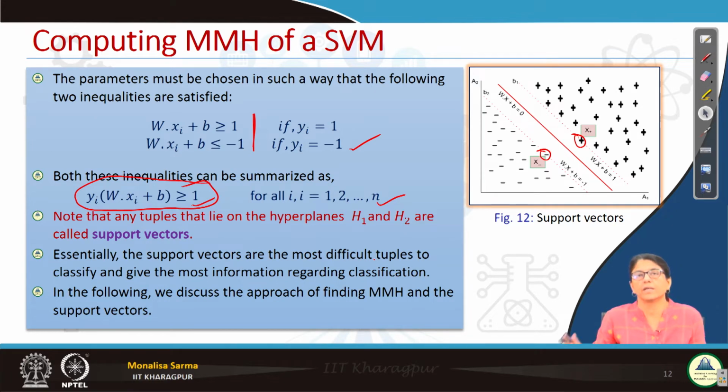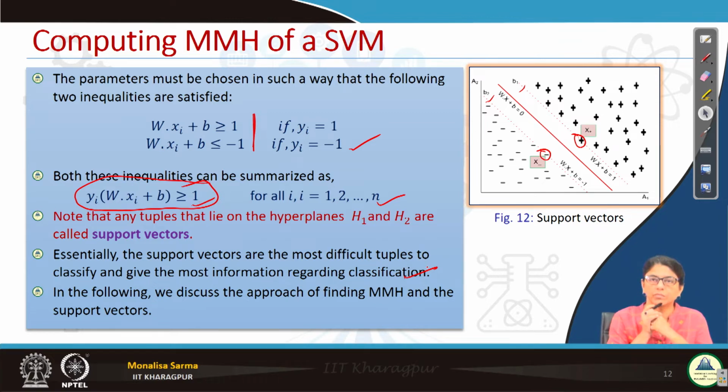Something which is much above the hyperplane will definitely be in the plus class, and something much below will be in the minus class. But something on this plane is most difficult to classify, isn't it? Because the distance is very small, the support vectors are the most difficult tuples to classify, and they give the most important information regarding the classification.